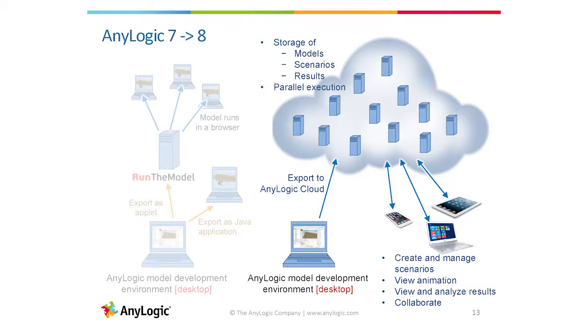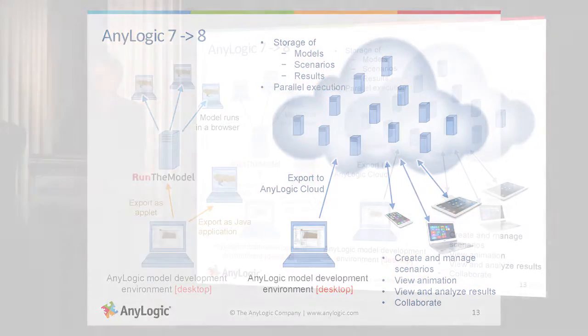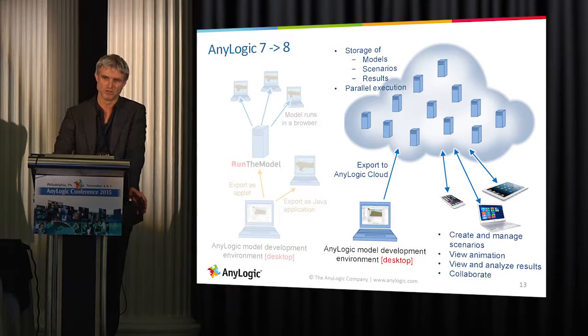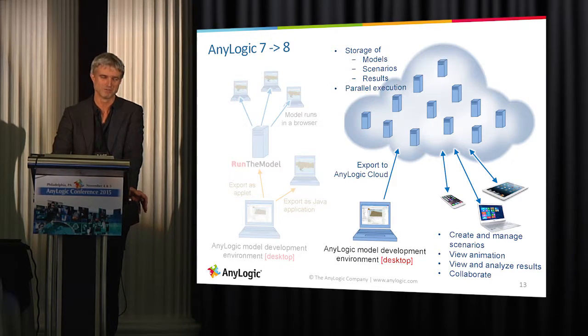Or you could export your model to runthemodel.com as a Java applet, and then let other people run the model in their browser. Now, that technology, as we all know, is dying because Java applets are no longer allowed to run.